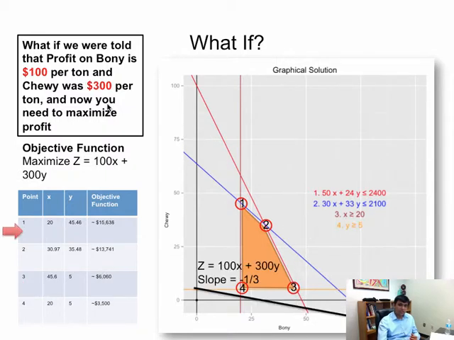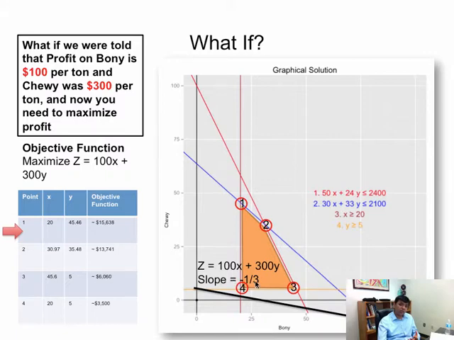Now let's look at another scenario. This is where we flip. We say the profit on bony is $100 per ton and on chewy is $300 per ton. So our z transforms to 100x plus 300y.